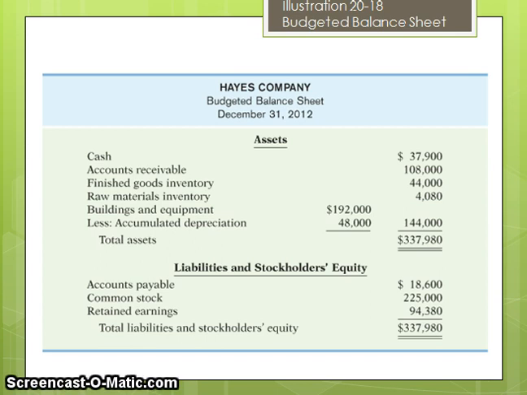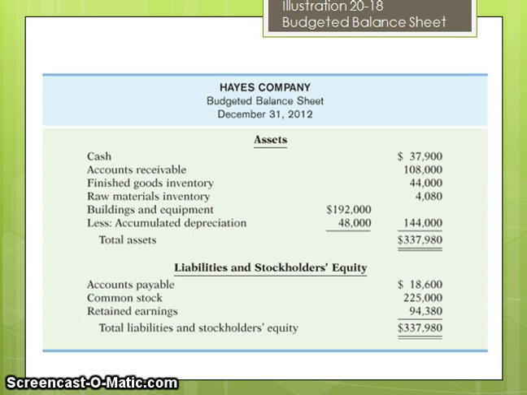So based on all those operating budgets and now your financial budgets, you would be able to have all the numbers necessary to make up a budgeted balance sheet. It looks the same as a regular balance sheet, but again, this is budgeted data, not actual. So these are our estimated figures.